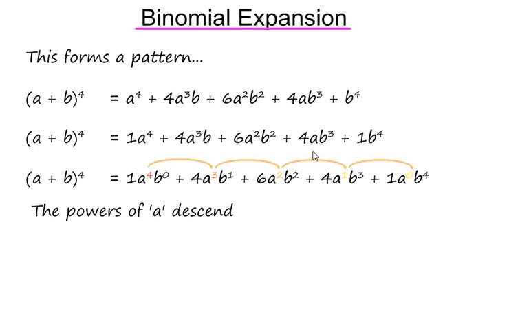The a to the 1 would just be a, and anything to the power of 0 is 1, so that would essentially multiply by 1 or disappear. The power of b ascends, so we have 0, 1, 2, 3, 4. Again, b to the power of 0 is just 1, and b to the power of 1 is just b. So I can expand my term here, and then adjust to get the final answer.